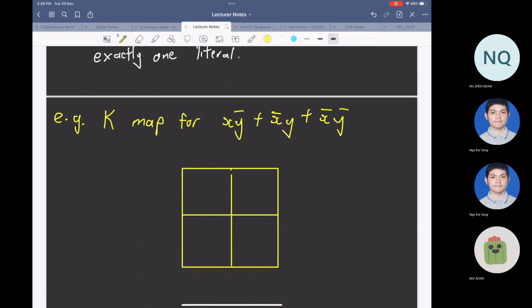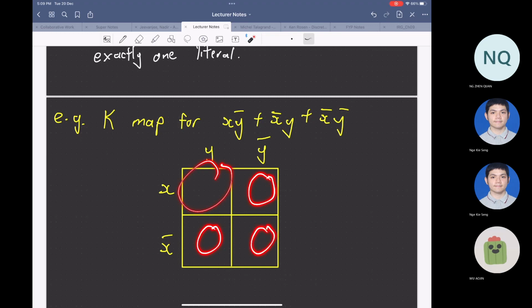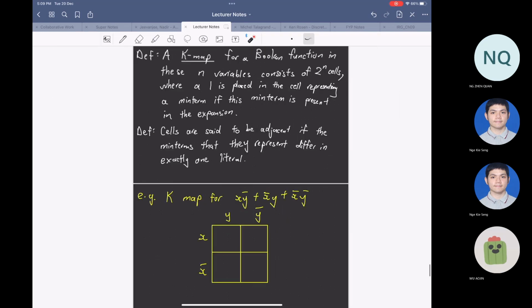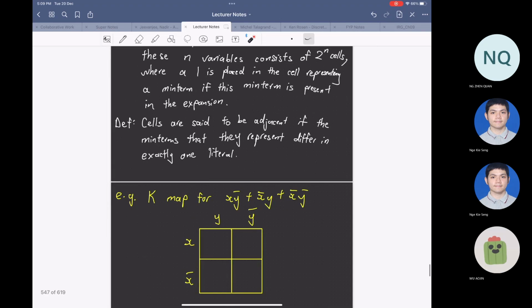These 4 cells correspond to xy, xy bar, x bar y, and x bar y bar. Make sense? The K-map says put 1 in the cell representing a min term if this min term is present in the expression.